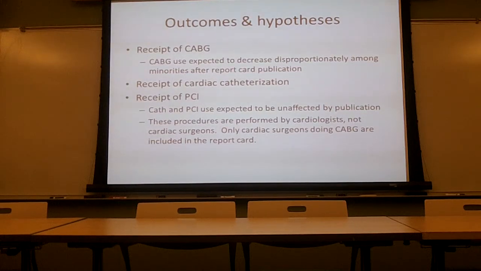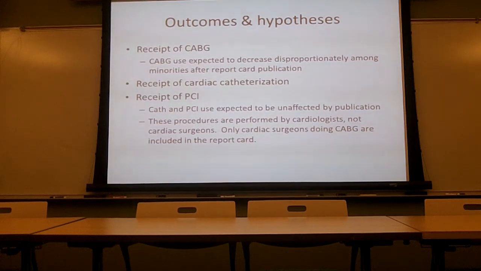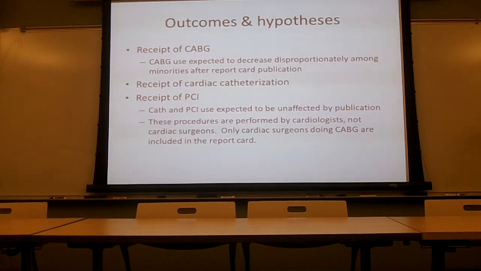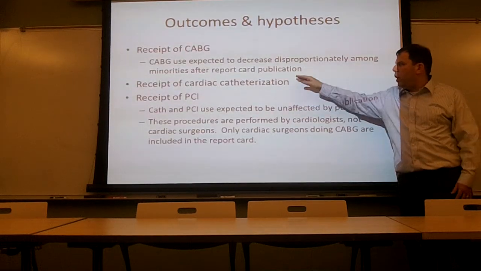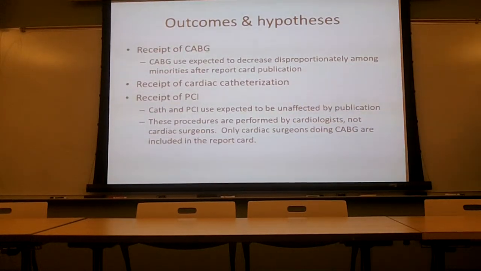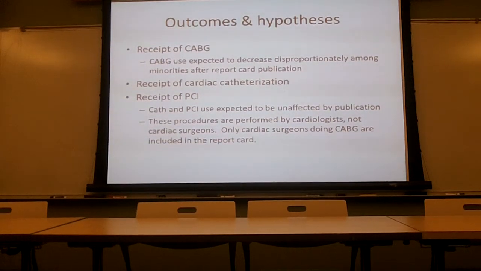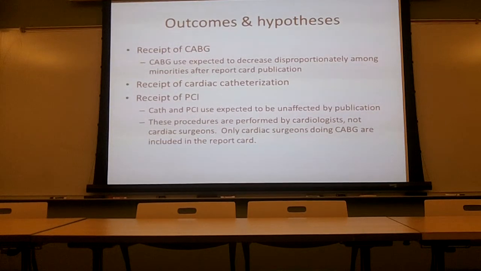Cardiologists weren't graded, only cardiac surgeons in hospitals with cardiac surgeons. So this is in some sense a placebo test, but if there is an effect of CABG report cards on racial disparities in the use of these things, you have to come up with a story why that is. Is there something about collusion between CABG surgeons and interventional cardiologists?